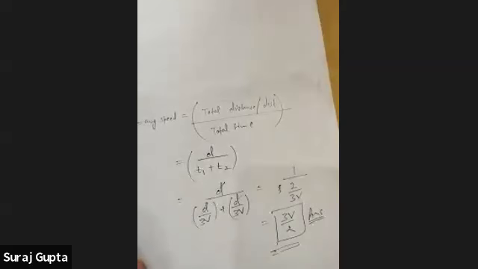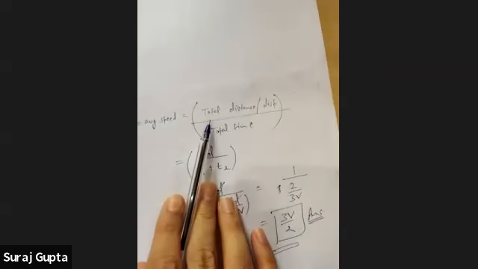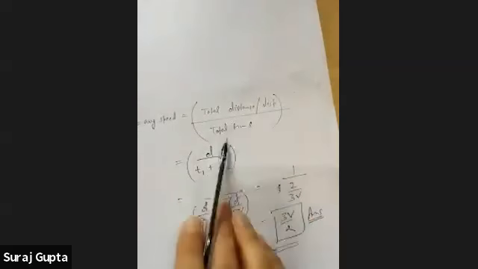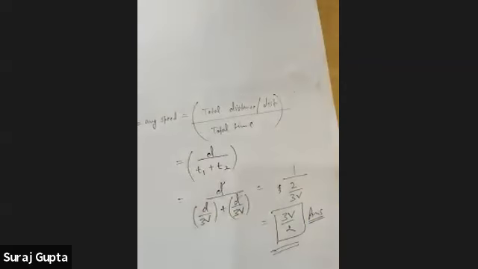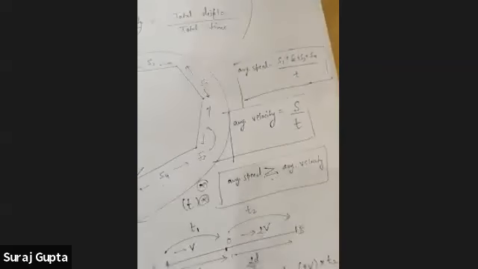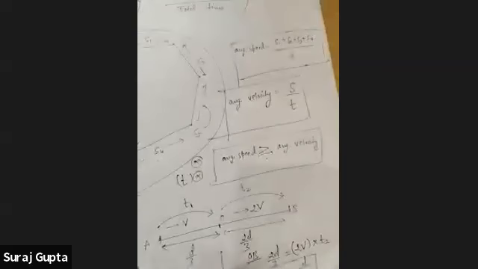See, the particle travels from A to B in a straight line, and I have already told you that whenever a particle moves in a straight line, its average velocity is the same as its average speed. So that would be total distance or displacement upon total time. In this question, we assume that the total distance between A and B is d.